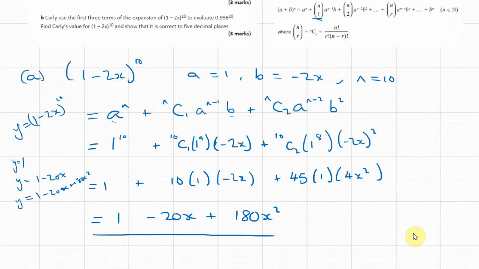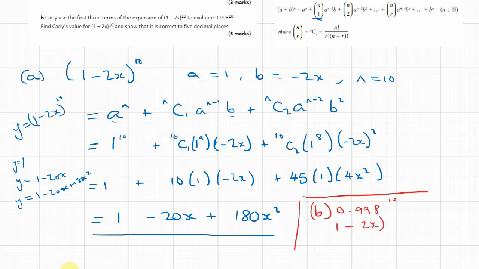I'm going to start part B off here, then I'm going to scroll down. So, she wants to evaluate 0.998 to the power of 10. And she's going to use a value of x that's going to make this become the same. So what value of x is going to make this true?